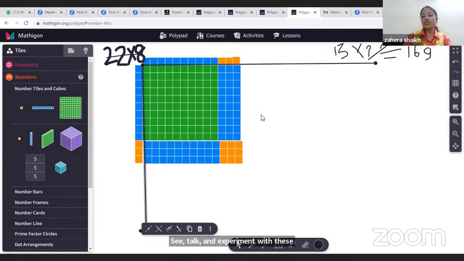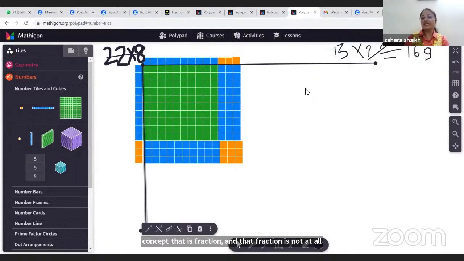So any other question related to the use of Dienes blocks to understand any number operation, then I can do more. Otherwise, I'll move to fraction tiles, which is again an important tool to teach and understand the complex concept that is fraction. And fraction is not at all a new concept.